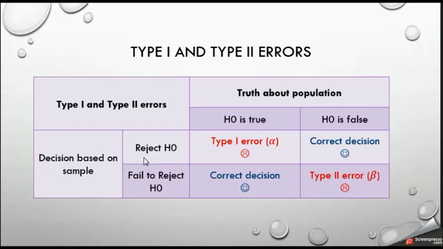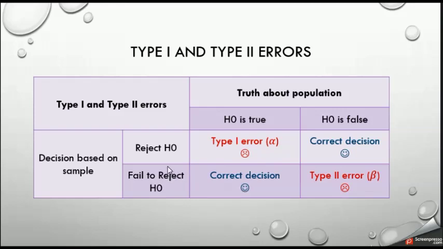If our conclusion was to reject the null hypothesis and the null hypothesis in reality was false, this is a correct decision. Now we are happy. But if we have rejected the null hypothesis and the null hypothesis was true, we have made a mistake. This is called type 1 error, and the probability of type 1 error is exactly alpha.